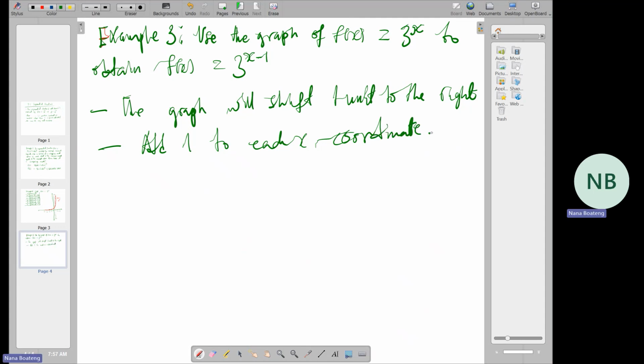All right. So we already plotted the graph of 3 power x. So we can also go back to that graph and plot 3 power x minus 1 on top of it.